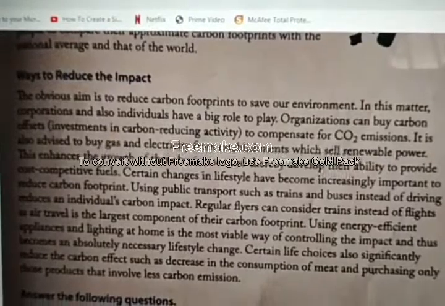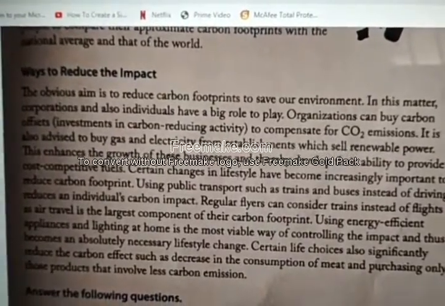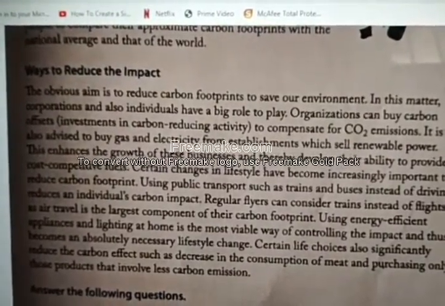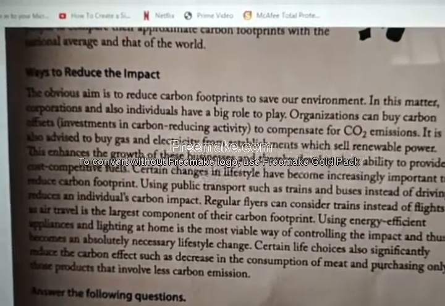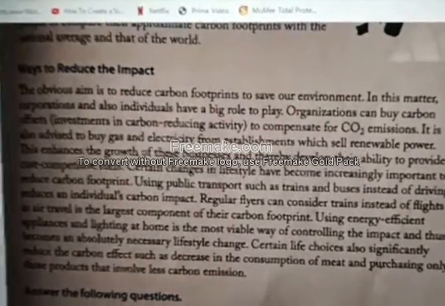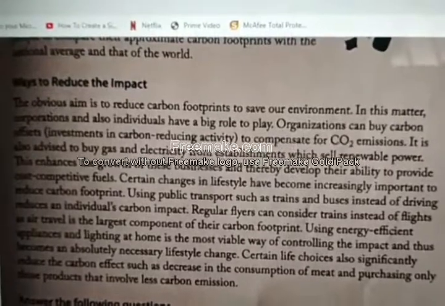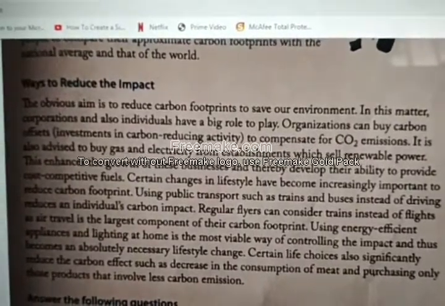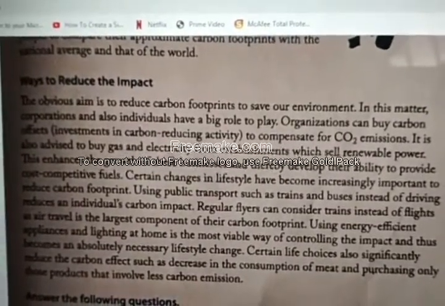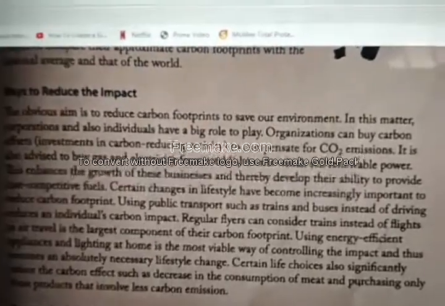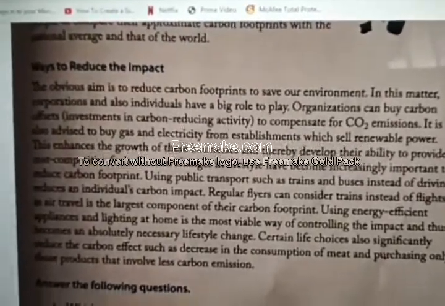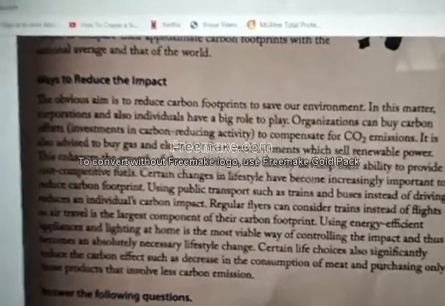In this matter, corporations, industries and also individuals have a big role to play. Organizations can buy carbon offsets, which are investments in carbon reducing activity. Carbon offsets in the sense that industries can invest in carbon reducing activity.